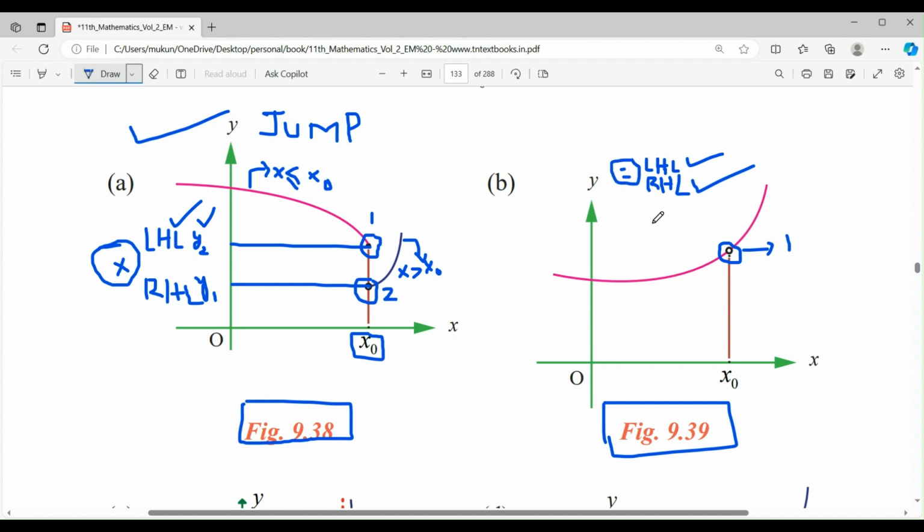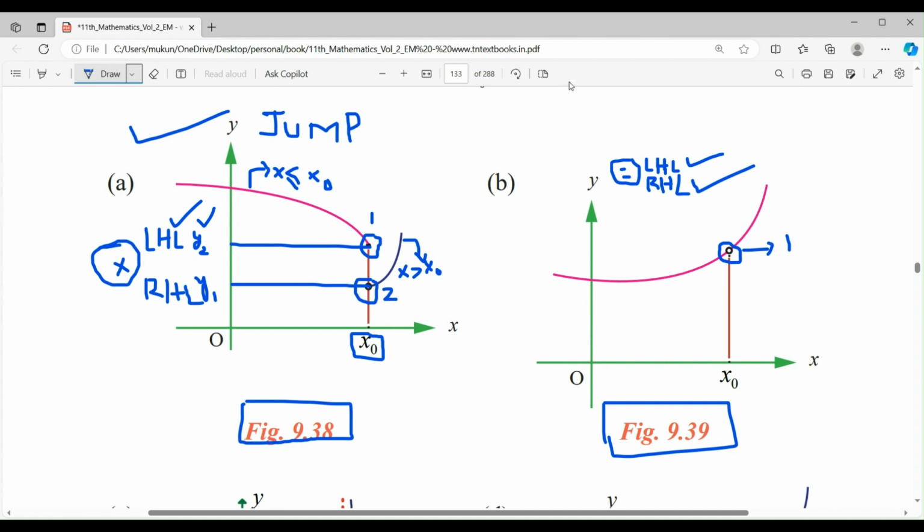These two are equal, but x equals x naught is not defined for this function, right? So that's the way to read this particular problem. And so this type of continuity, if I'm able to redefine the function, and you know that we have solved some problems in the past where I redefine my function for x equals x naught, depending upon what is the value of LHL and RHL, which in this case are equal, if I'm able to define what is my f of x at x equals x naught, then I can remove the discontinuity at this particular point, and I will no longer have this open circle once I redefine the function.